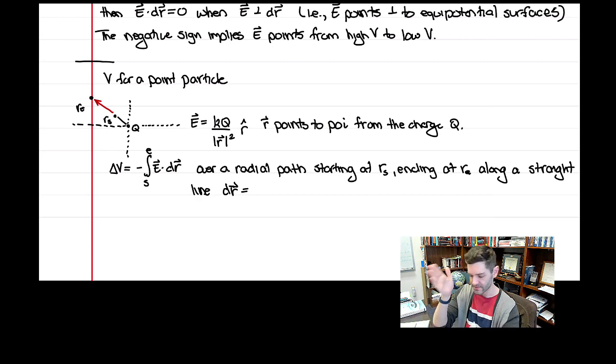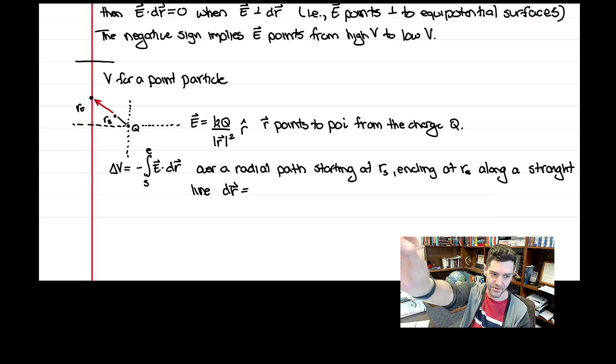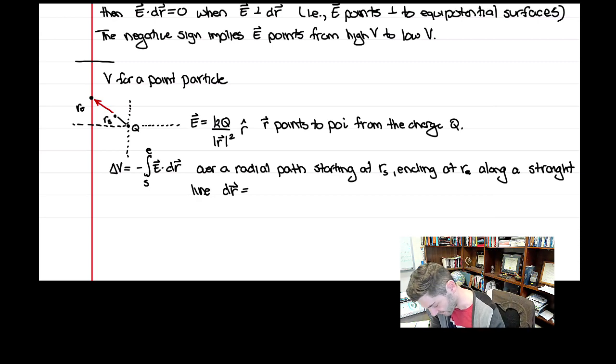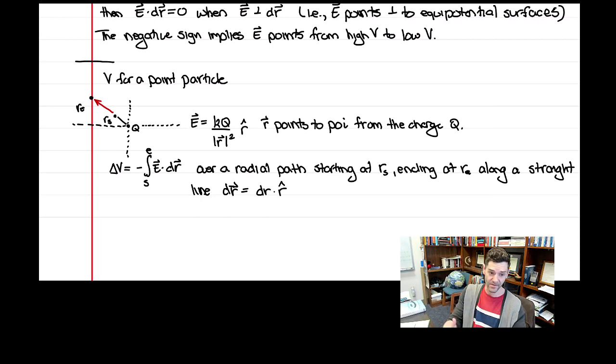So you just think of the direction of that red line on the screen. It also points away from the charge, in the same direction as the electric field. And you can imagine that arrow could also point from the charge in the same direction to R end, to this point of interest. So in this case, the path is just going to be dr, and it's in the direction r hat. It's in the same direction as the electric field, or it's anti-parallel if it's a negative charge.